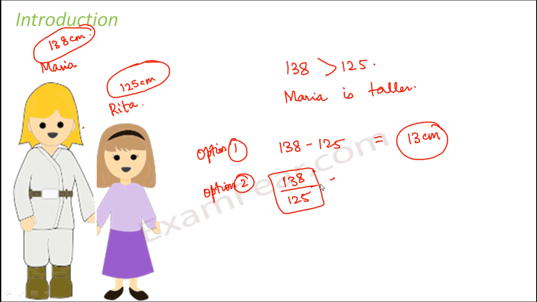So that is another way of comparing their heights. Okay, maybe that is getting too much in the first slide. So in this lesson, we are basically going to compare quantities. Not only compare in the sense greater than, less than, we are also going to talk about how much greater than, like how much is one quantity with respect to the other quantity. So some comparison is going to happen in this lesson.